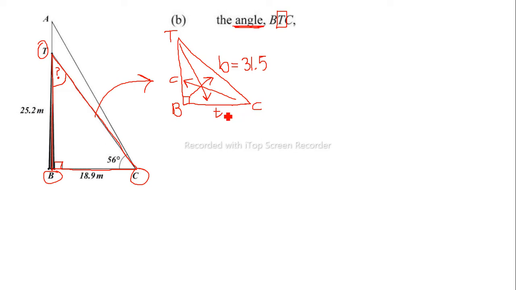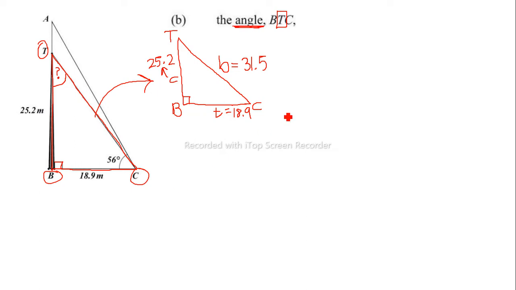We know what t is: t is 18.9, right? And c is 25. Good. Okay, so with that in mind, let us use the sine rule.